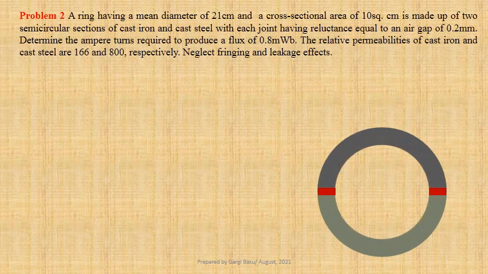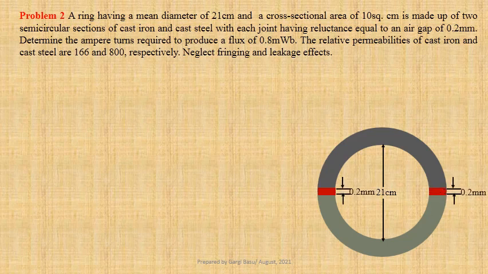A ring having mean diameter of 21 centimeters and a cross-sectional area of 10 square centimeters is made up of two semicircular sections of cast iron and cast steel, with each joint having reluctance equal to an air gap of 0.2 millimeter.